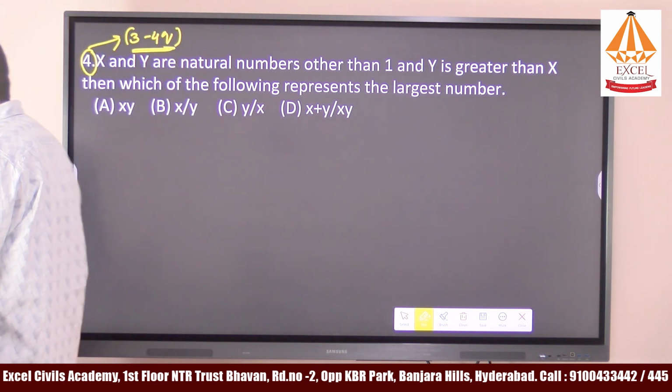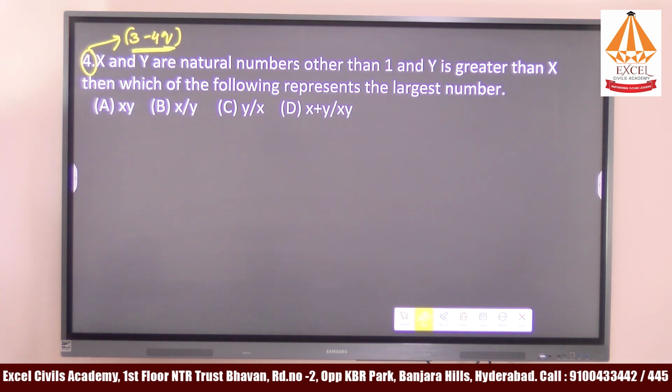What is the meaning of integer? Integer means the numbers are 0, positive values, negative values, without any decimals or fractions. Which means 0, 1, 2, 3, 4, 5, 6 or minus 1, minus 2, minus 3, minus 4, minus 5.